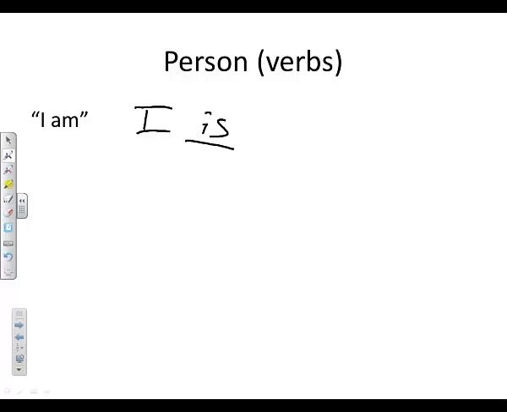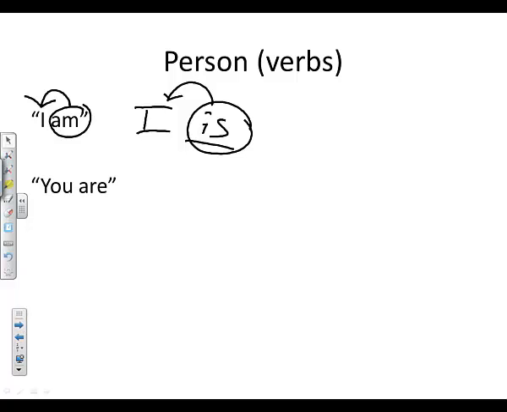The form that the verb takes is determined by the subject. So you say I am, you are, not you is, or he goes, not he go, or we go, not we goes.